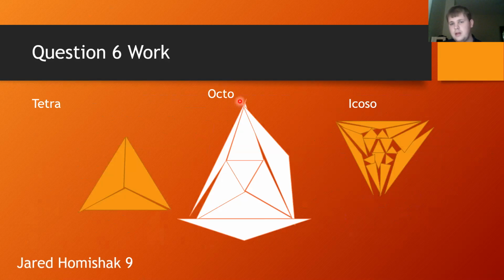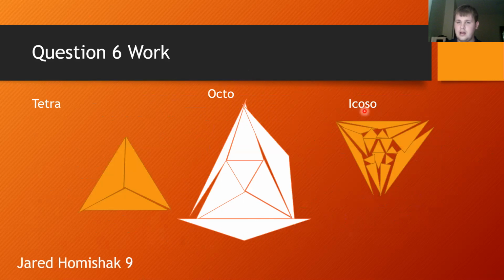You also repeat that here with octo. A triangle with 8 faces. You have to take away one for the final face, so there's only going to be 7, because the entire figure is a triangle.